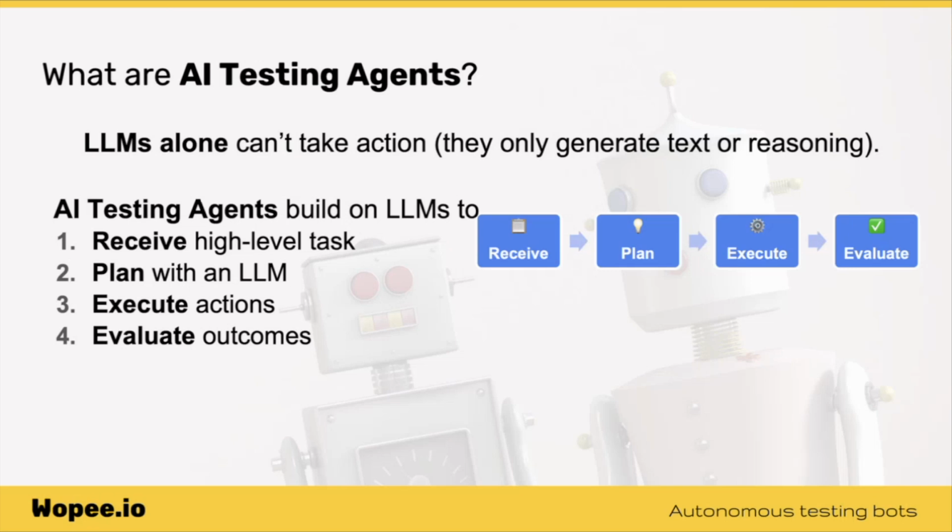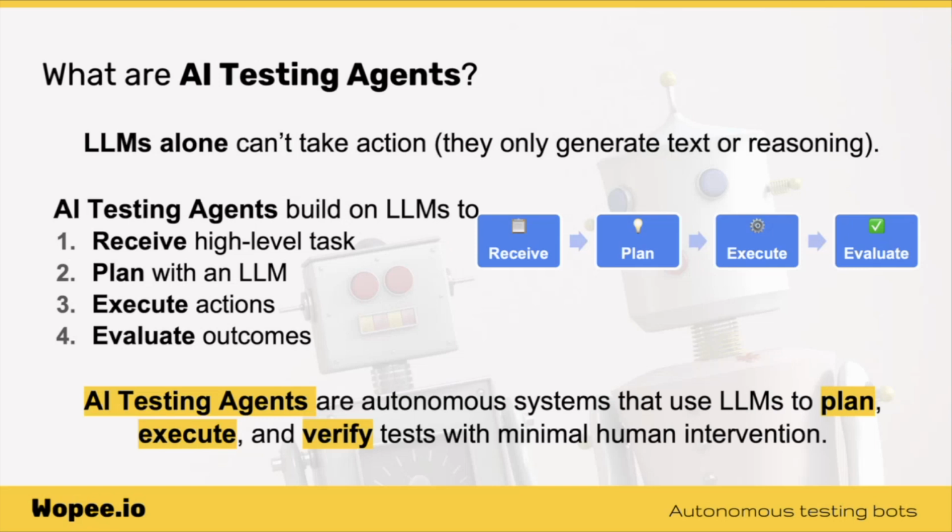Maybe the difference from the previous AI agent is that the evaluation is important, how we could assess whether something is good enough or not. So AI testing agents are autonomous systems that use an LLM to plan, execute, and verify or test with minimal human intervention. This is, again, my quick definition of the AI testing agent.